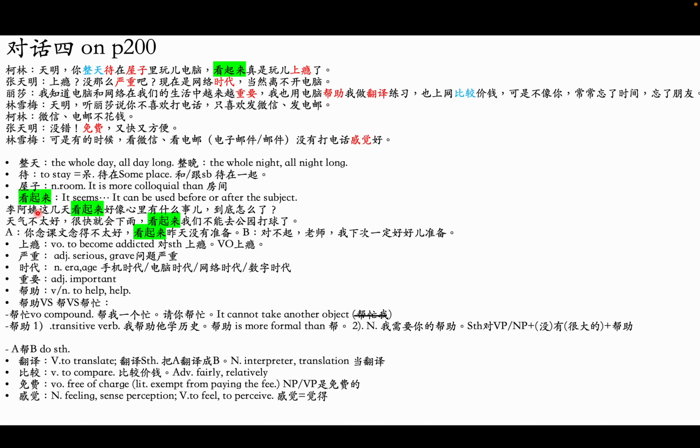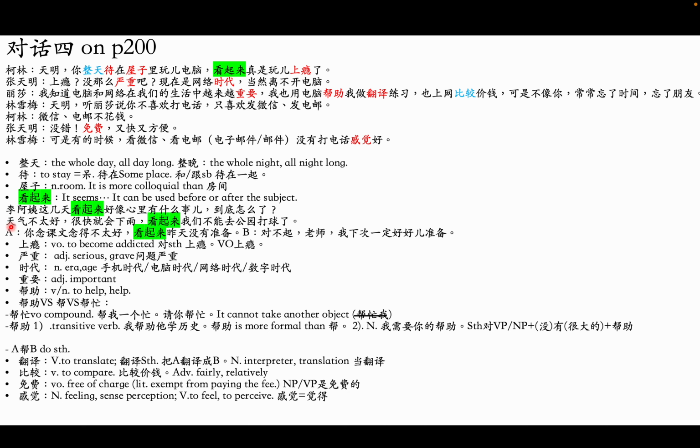the subject 李阿姨这几天看起来好像心里有什么事儿到底怎么了 It seems something has been bothering Auntie Li the past few days. What's going on with her? So 看起来 can use after 李阿姨 or it can use before the subject.